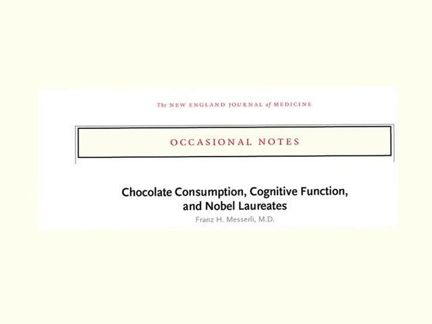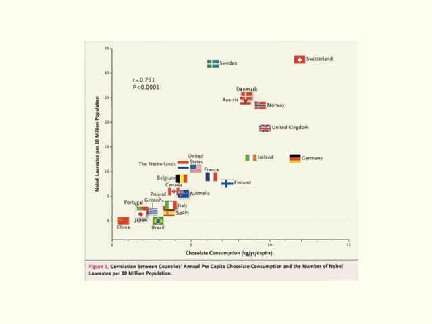So here's an article that was published in the New England Journal of Medicine in 2012, looking at the relationship between chocolate consumption, cognitive function, and Nobel laureates. So the author of this paper argues, based on these data, that there's a causal relationship between consumption of chocolate and cognitive function, based on this very high 0.79 correlation between per capita chocolate consumption in a country and the number of Nobel laureates in that country.